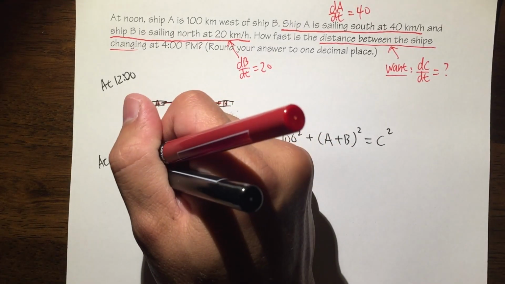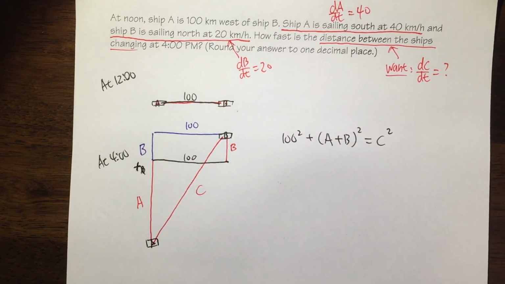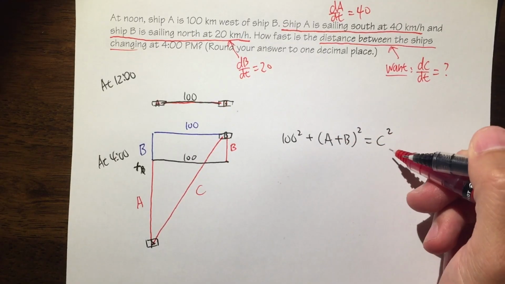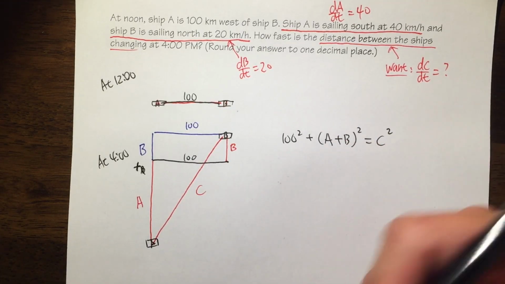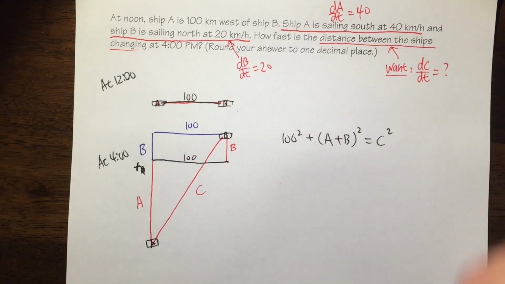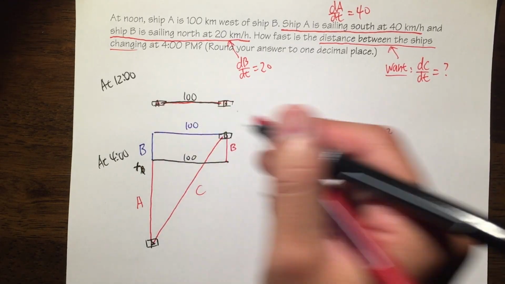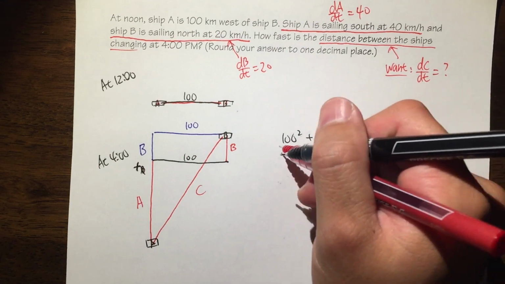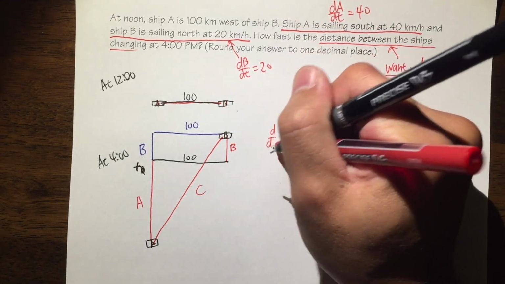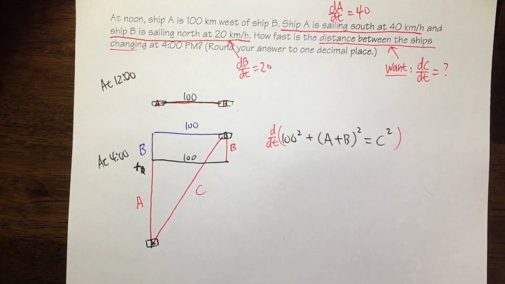So that's the equation that we have. A, B, and C are all functions of time because they are all changing, except for the 100 right here, so that's why I put this down. Anyway, we can now differentiate this with respect to time.